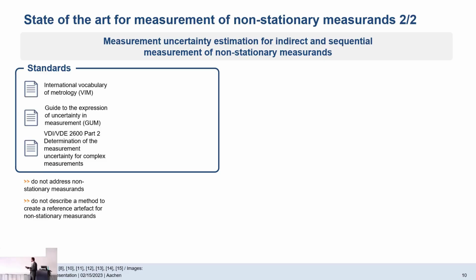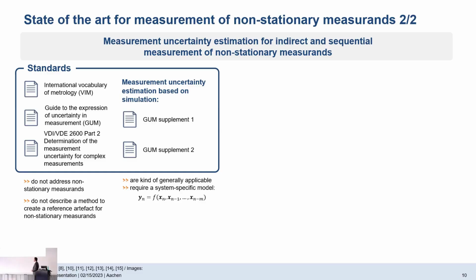And that is a huge challenge, though. However, there are further documents. For example, the measurement uncertainty estimation based on simulation, which is described in the GUM Supplement 1 and Supplement 2. They are kind of generally applicable, but we do need a model then. And this is also a quite challenging task.